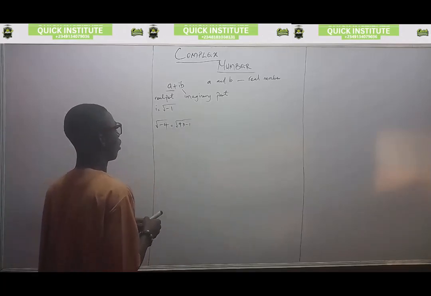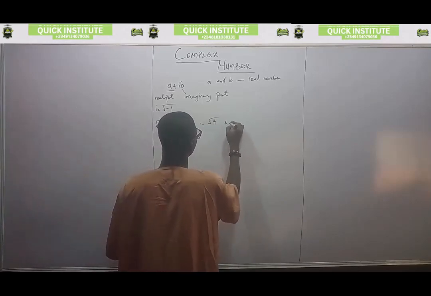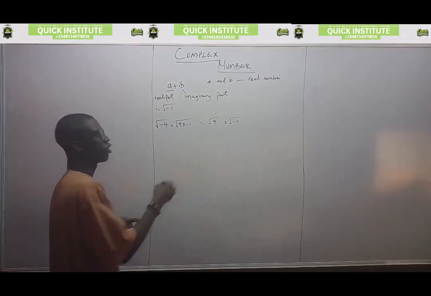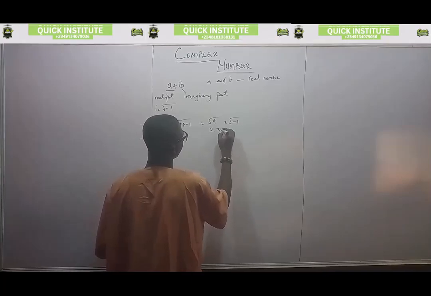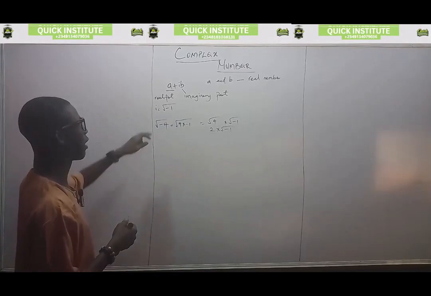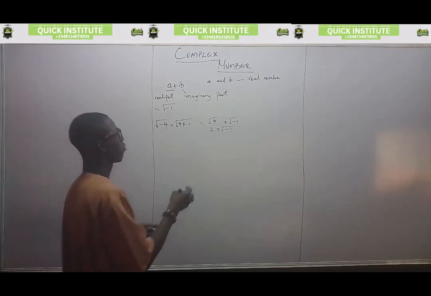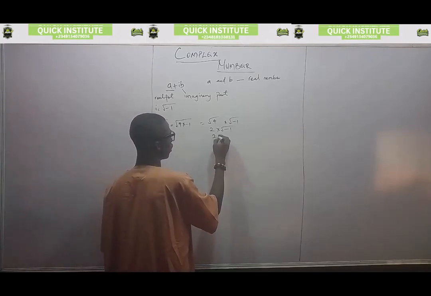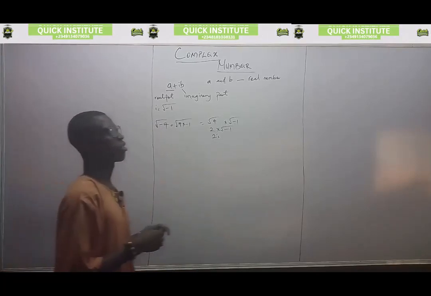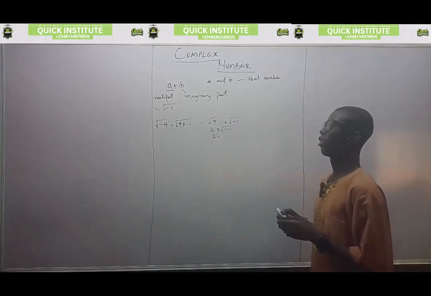The root of 4 is 2, multiplied by the root of minus 1, and note that I said i equals the square root of minus 1. Therefore we have 2i. So it is possible to find the square root of a negative term.